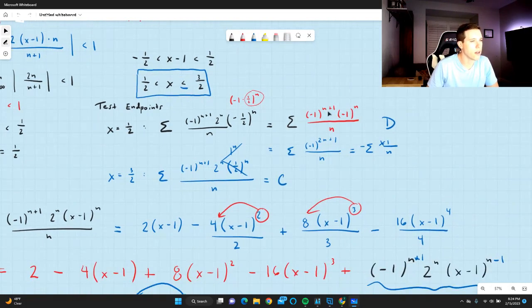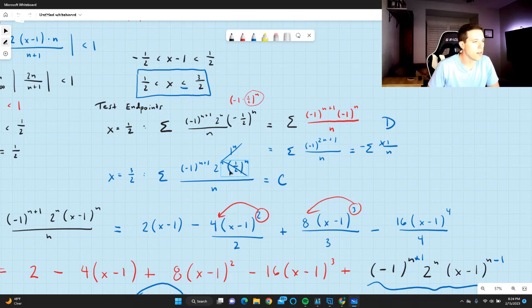Well, here's what I did. I combined them together into a single negative 1 by adding the powers. And you get this exponent, which is always odd. So in other words, the top is always negative, which means this is just a harmonic series with a negative on it, and that diverges.